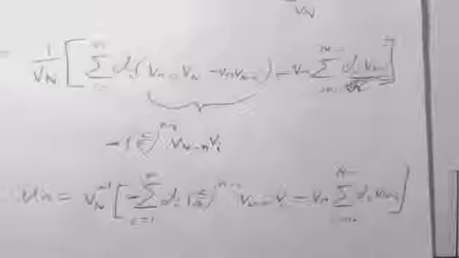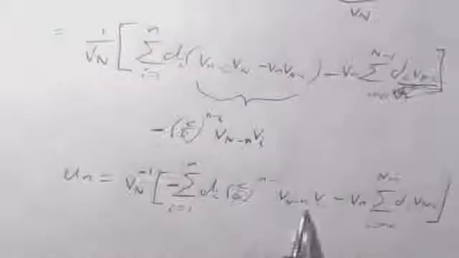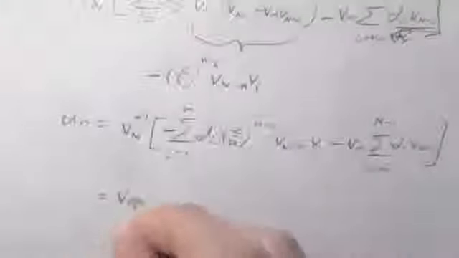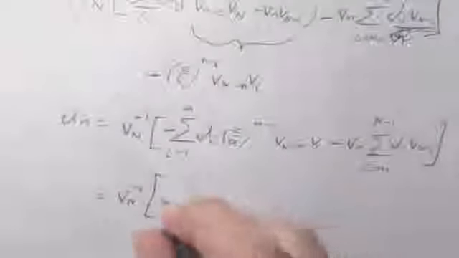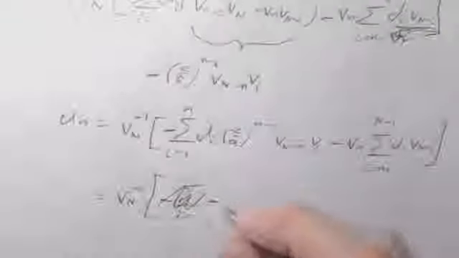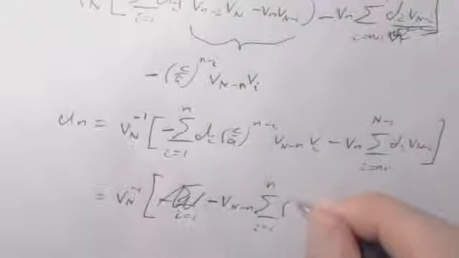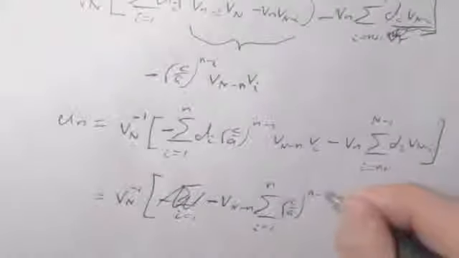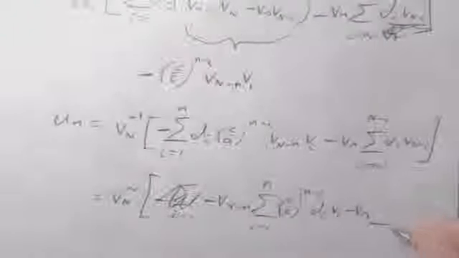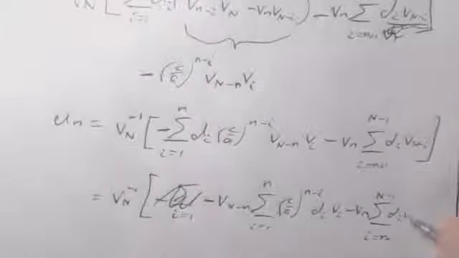And I can take out this vn minus n to the outside of this sum because this doesn't depend on i. So finally, vn minus n, sum from i equals 1 to n, (c over a)^(n minus i) di (vi minus vn), minus the sum from i equals n plus 1 to N minus 1 of di vn minus i.